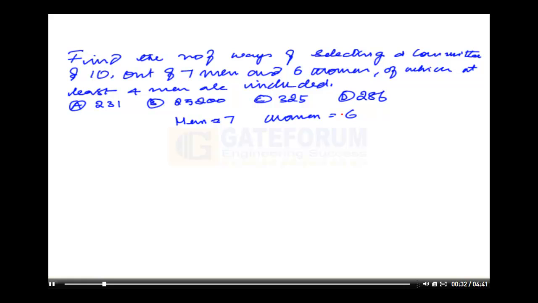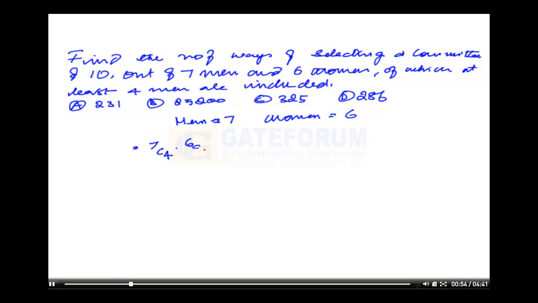Let us say first we include 4 men, so 7 are given, out of them we select only 4, but we need totally 10 people, so therefore the remaining 6 people can be selected from women.